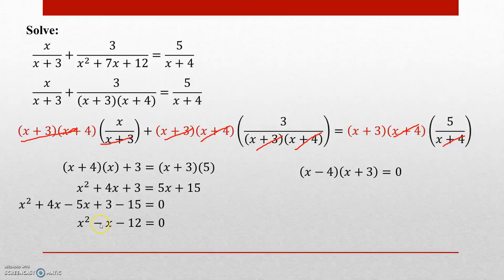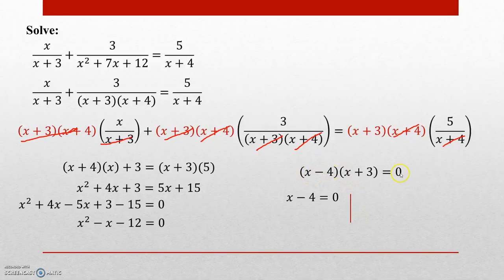So, negative 1 yan. And then, negative 4 times 3 equals negative 12. So, ito yung mga factors niya. Kung di kayo convinced, you can multiply that using FOIL method. Kailangan ito yung kalalabasan niya. Right?